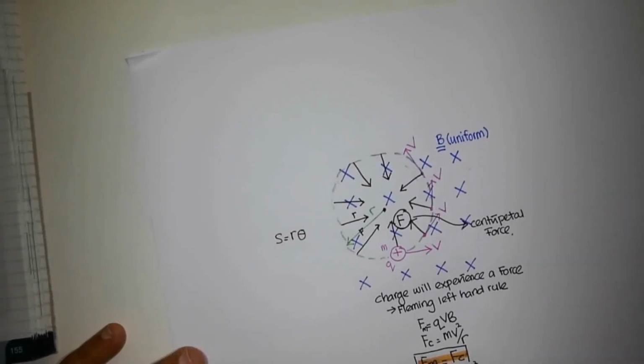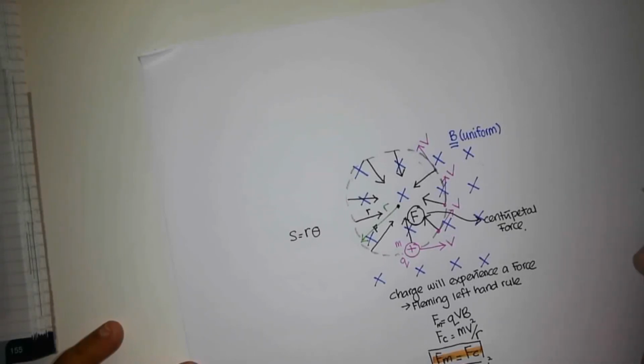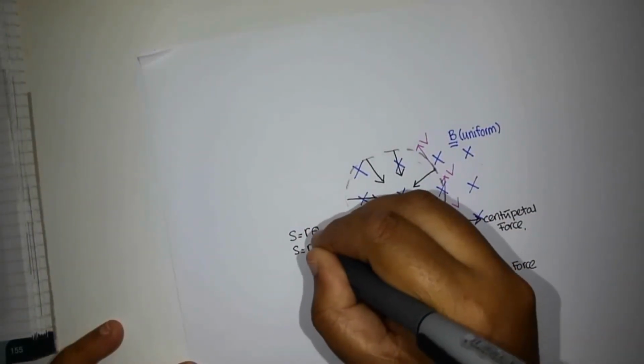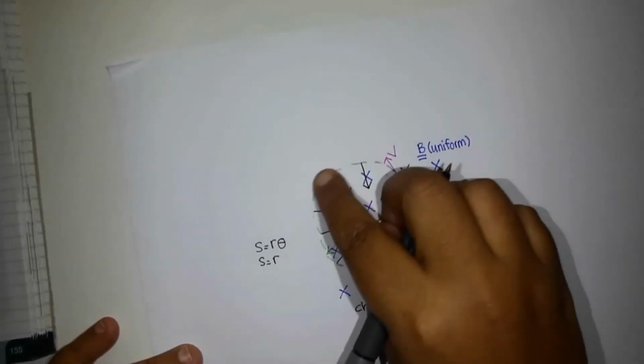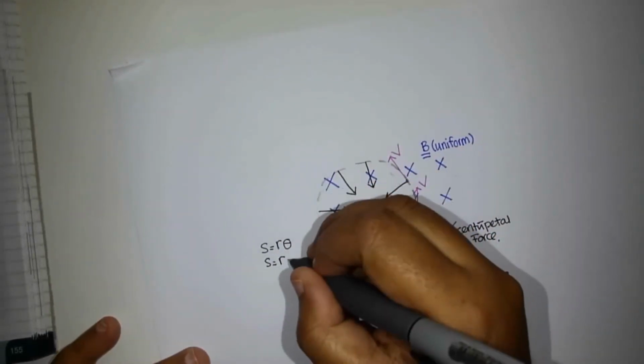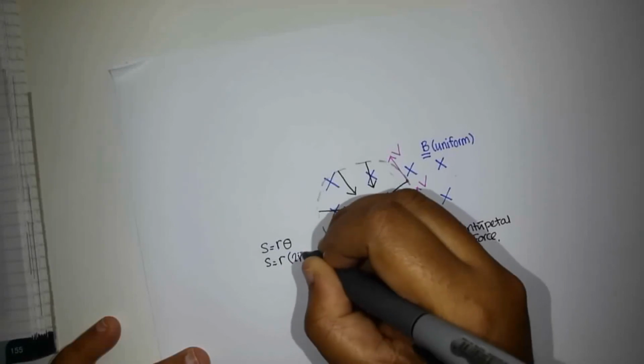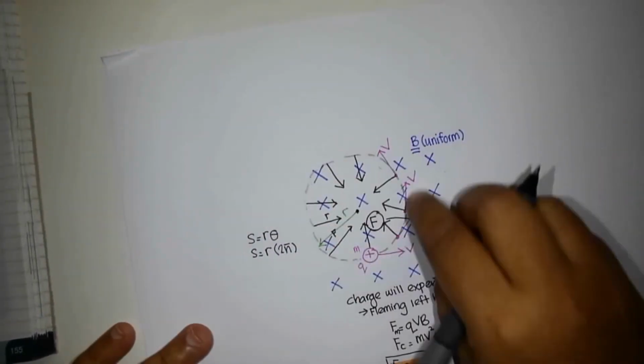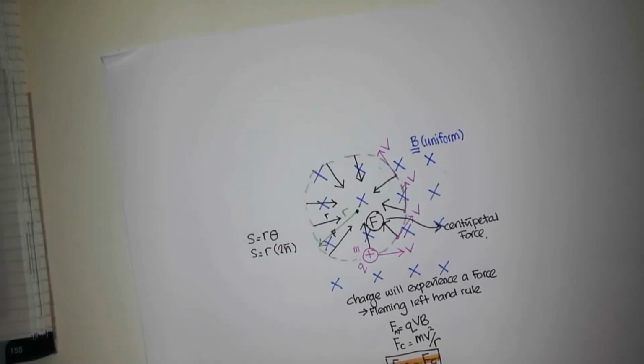So s equals r times the angle theta in radians, which is 2 pi. A complete circle is 360 degrees, which equals 2 pi.